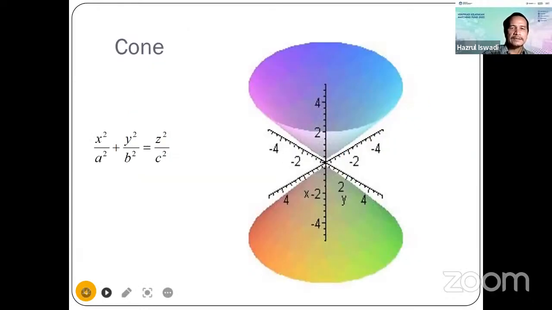And the last of the quadric surfaces is the cone.